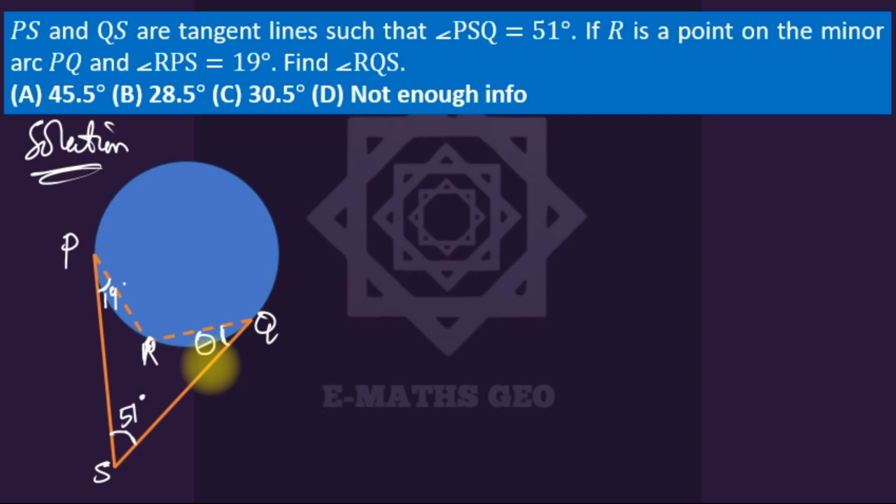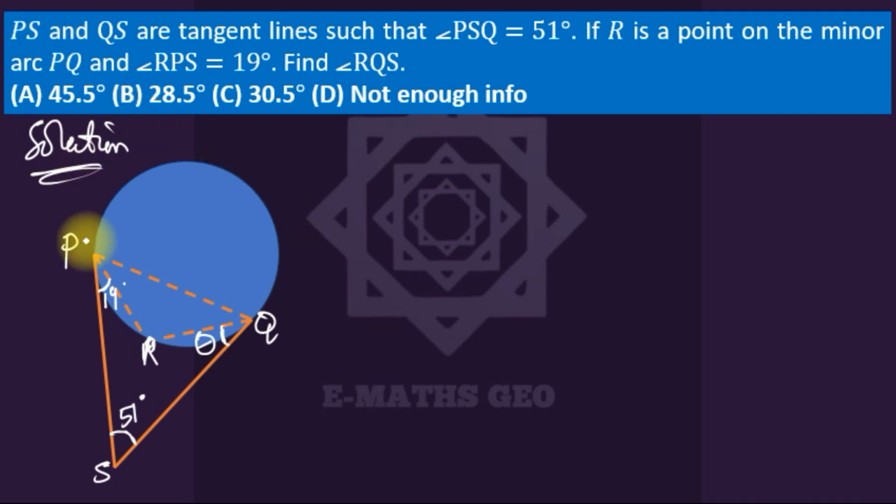To solve it, since P, R, Q are on the circumference of the circle, I will complete it so that I will have a triangle. Let's add an extra auxiliary line running from P to Q, so that we can use our alternate segment theorem.